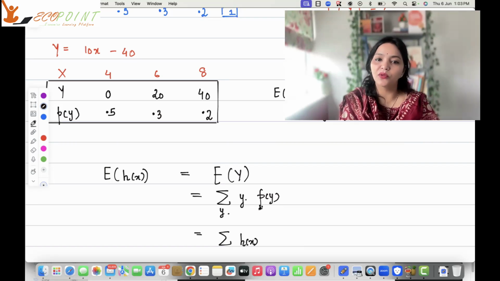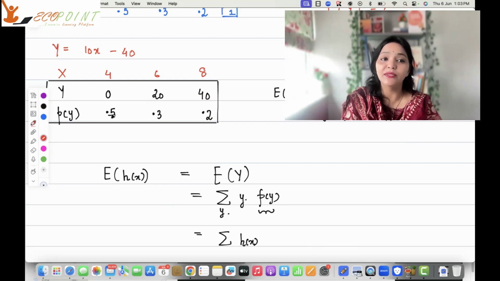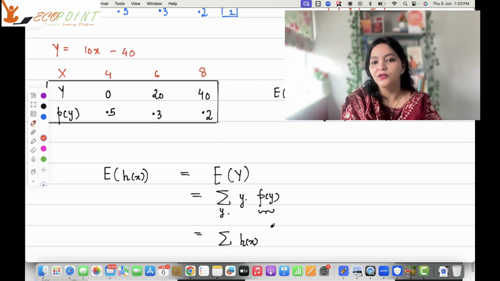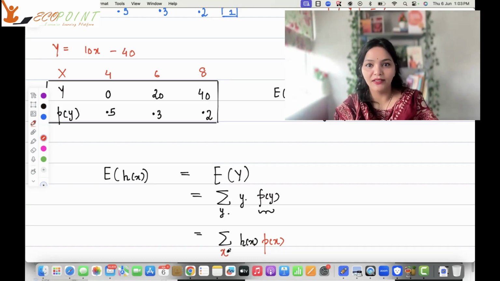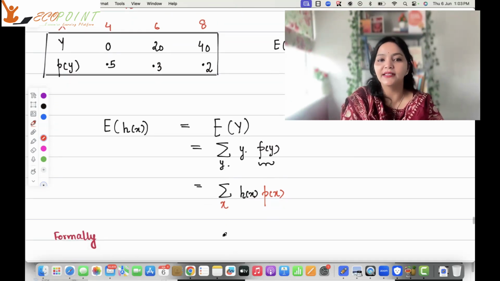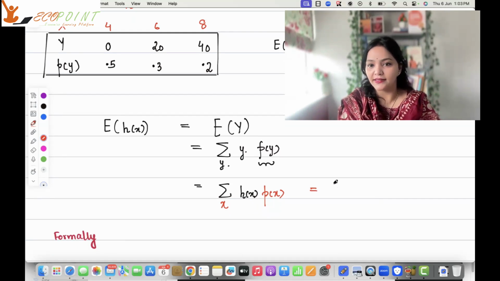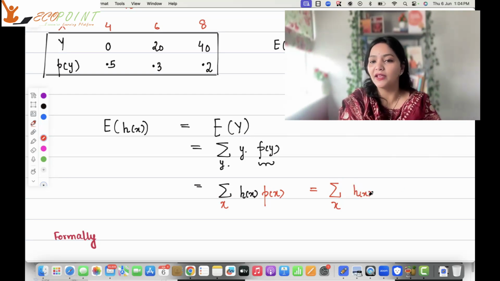And did you observe what was the probability associated to every value of y that we took? It was same as the probability associated to x because this was generated out of x. So here I can just write down px over all the values of x because every value of y was generated using the value of x. So basically, expected value of a function of x is summation over all the x's, hx instead of just x, the function of x with the probability attached to it.